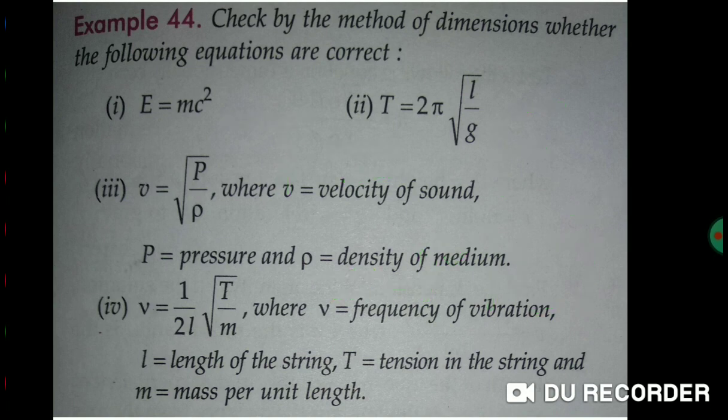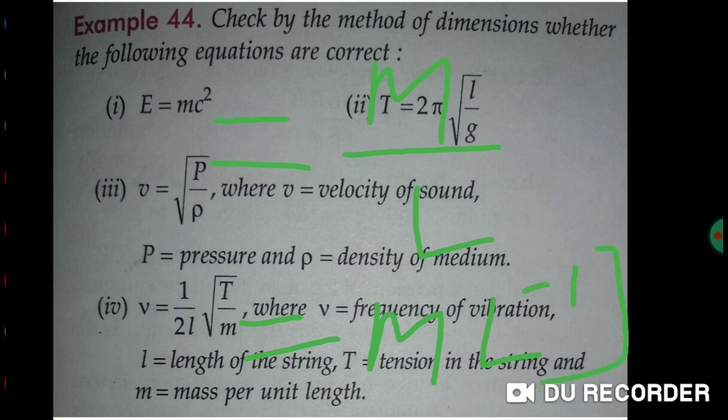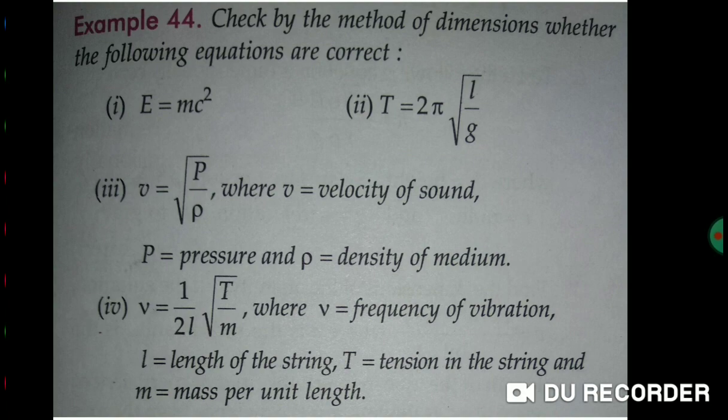Good. Now the next one is mass per unit length. Mass per unit means M, length is L. So the dimensional formula is ML^-1. Thank you class.